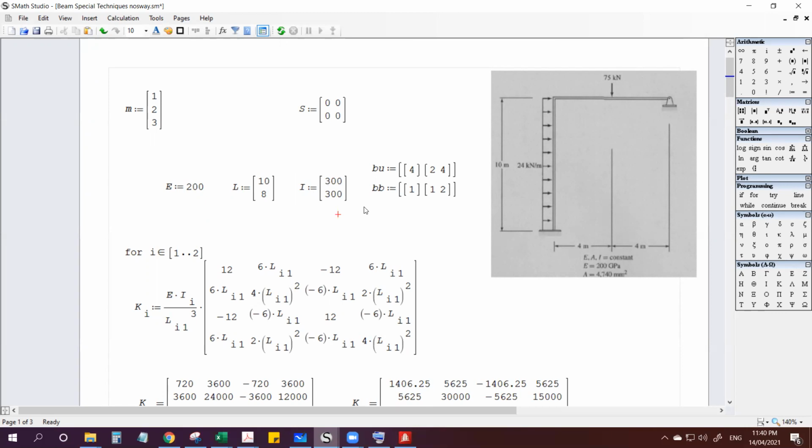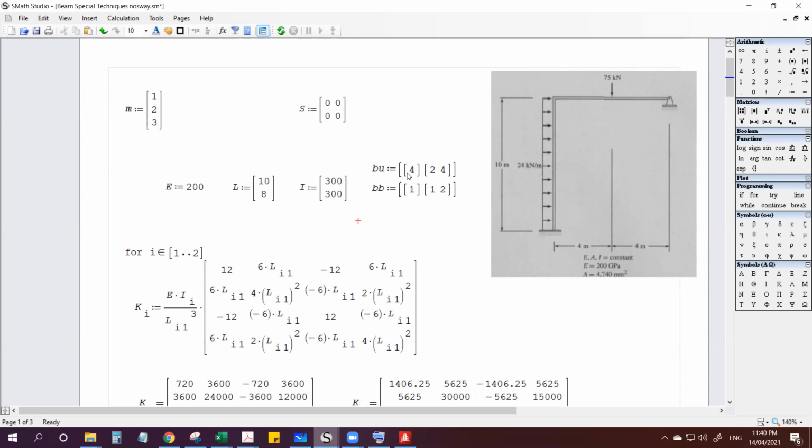Because again, although there's a given area here, because it's a frame without sway, our assumption is there's no actual deformation and only rotation. Okay, there will be only rotation on this joint and on this joint.